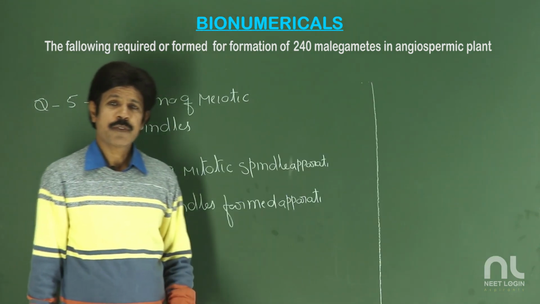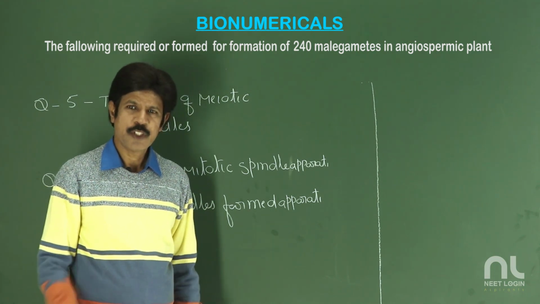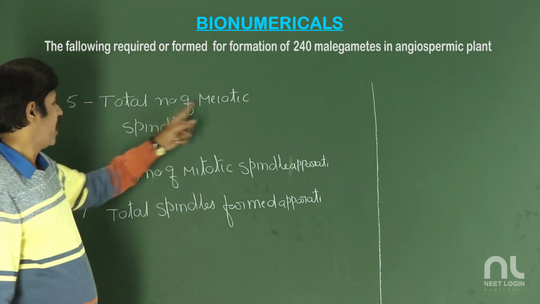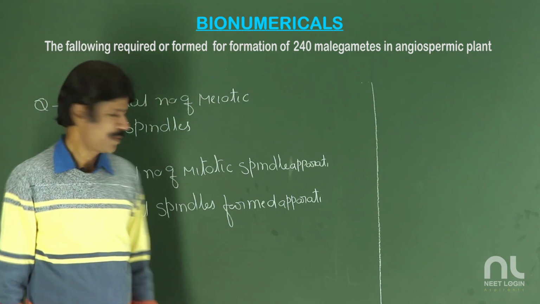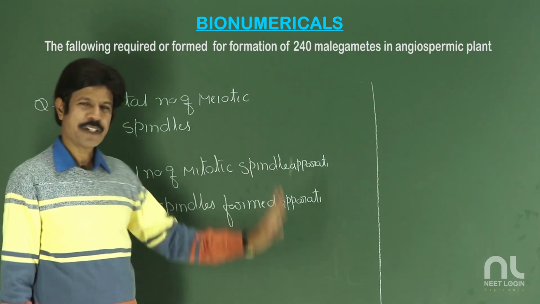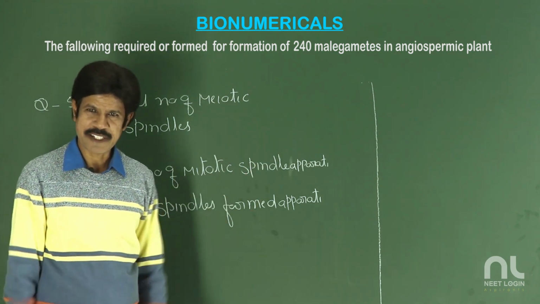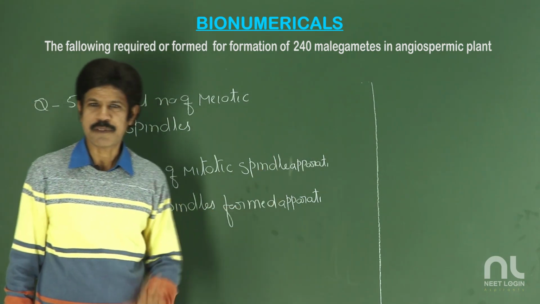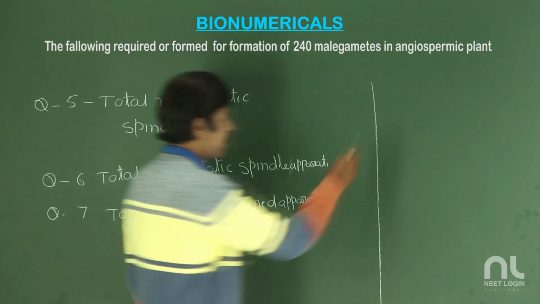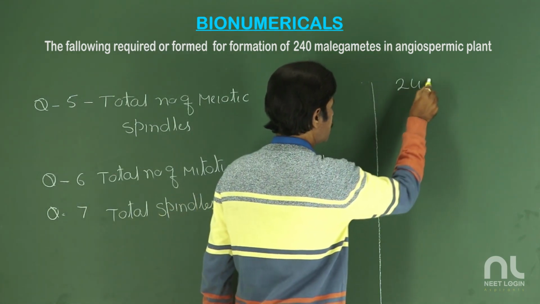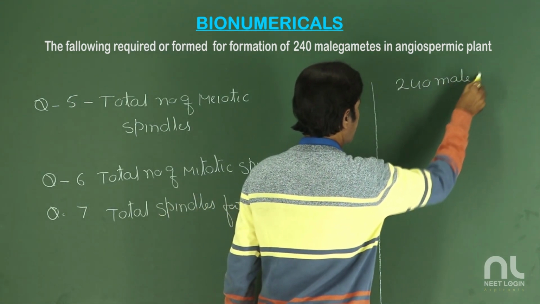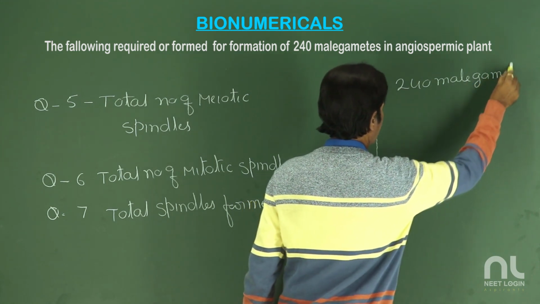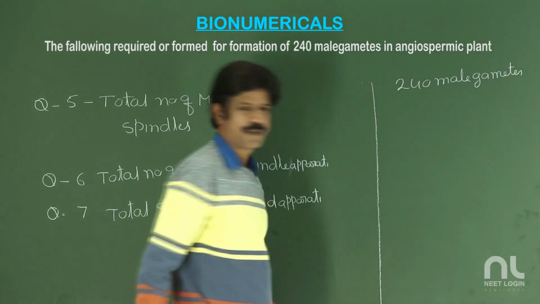So for formation of 240 male gametes, the questions are: total number of meiotic spindles, total number of mitotic spindles, that is spindle apparati formed.